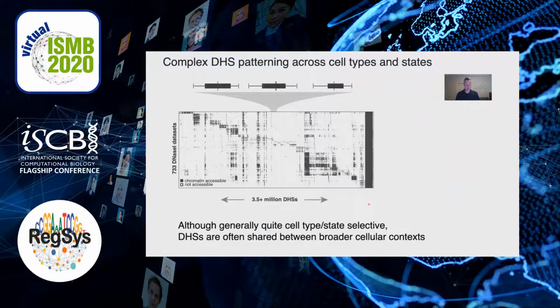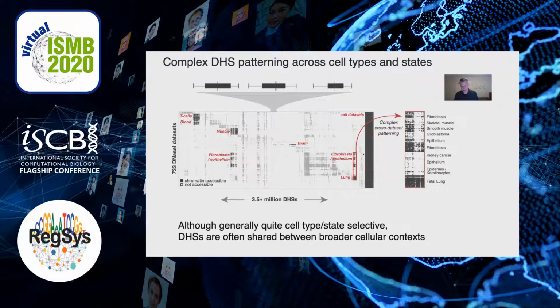So now we have this, we can build a matrix such as this one that documents across all the 700-something data sets which DHSs show up. We expect to see a lot of data around the diagonal where similar cell types essentially share similar DHSs, but we also see a lot of activity off diagonal.